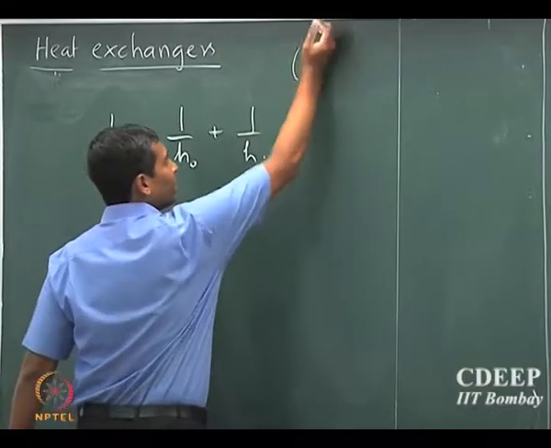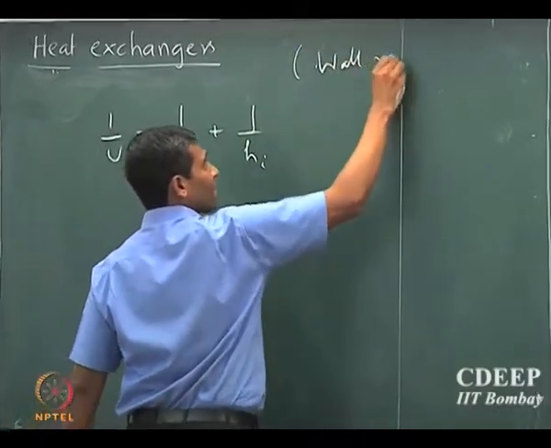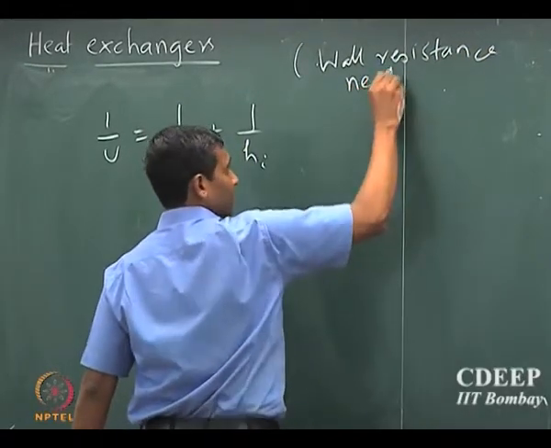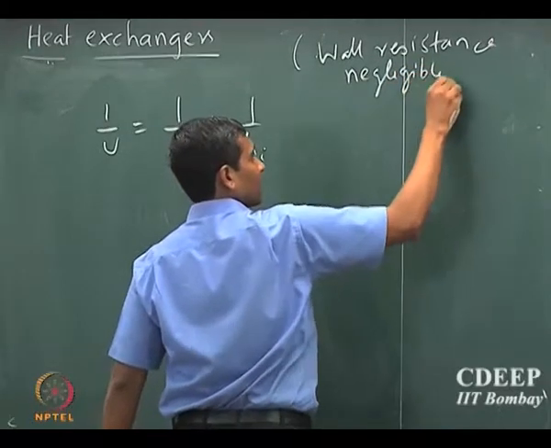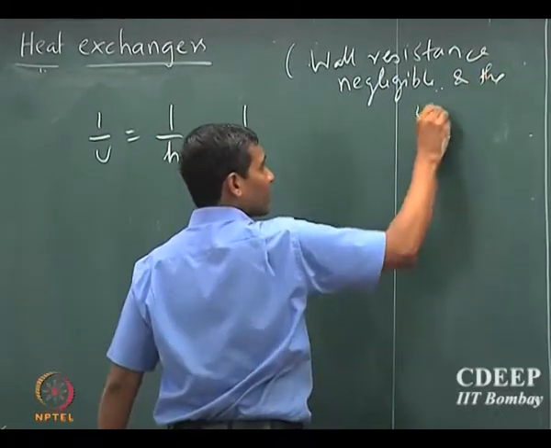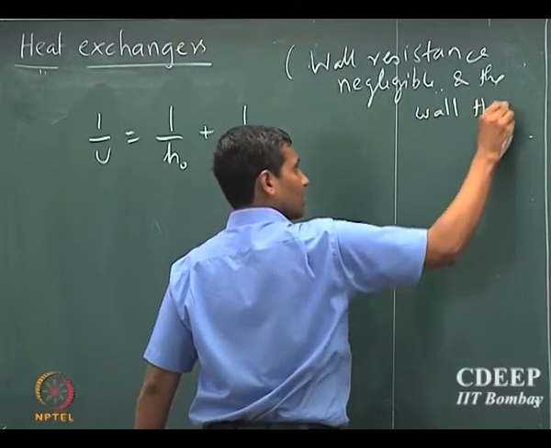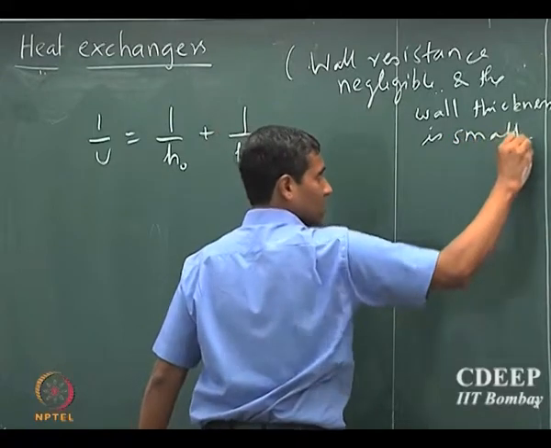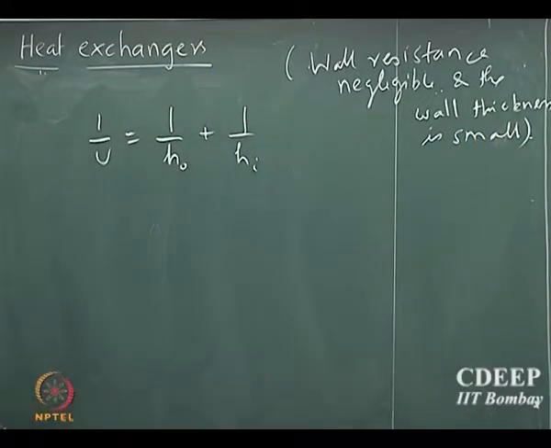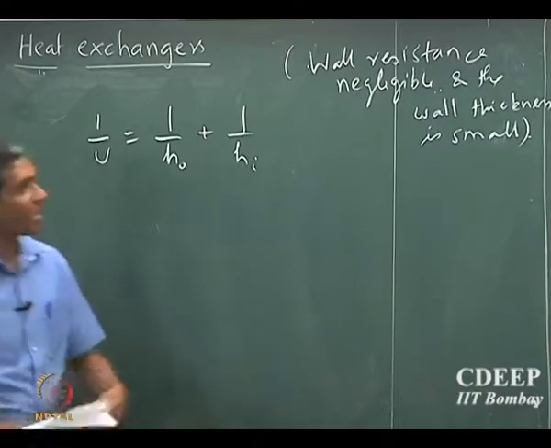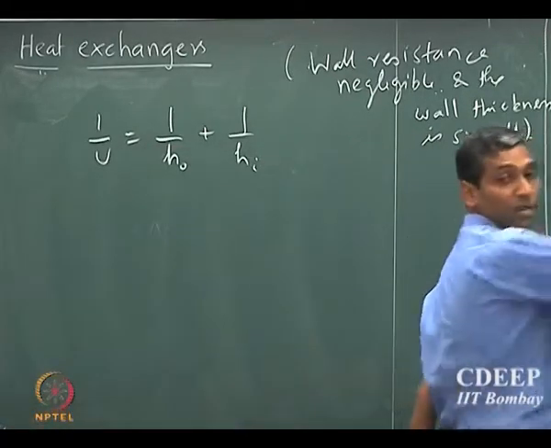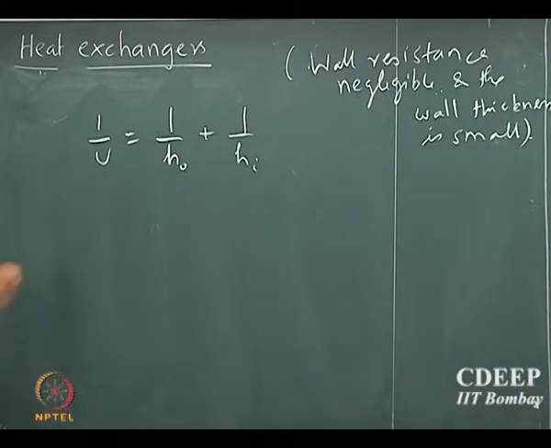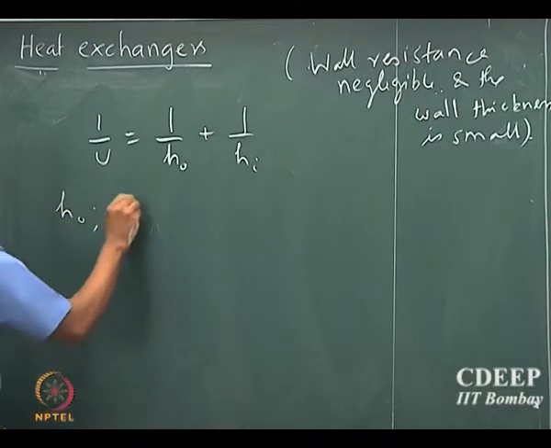I am assuming that the wall resistance is negligible and the wall thickness is small. So I assume that the outside and the inside area of the tube are approximately the same. Now we need to know what Ho is and what Hi is.